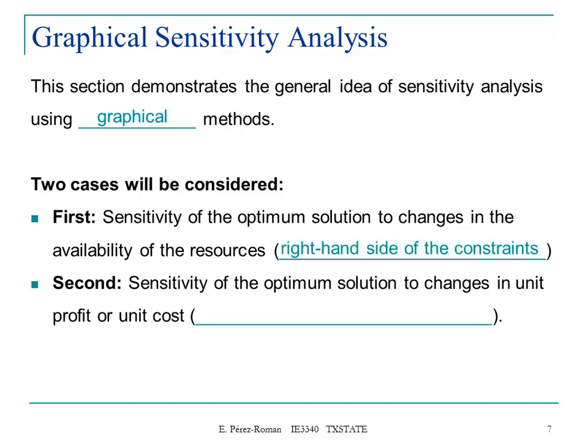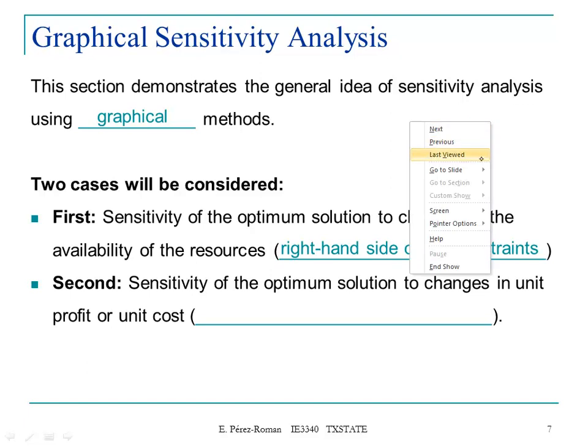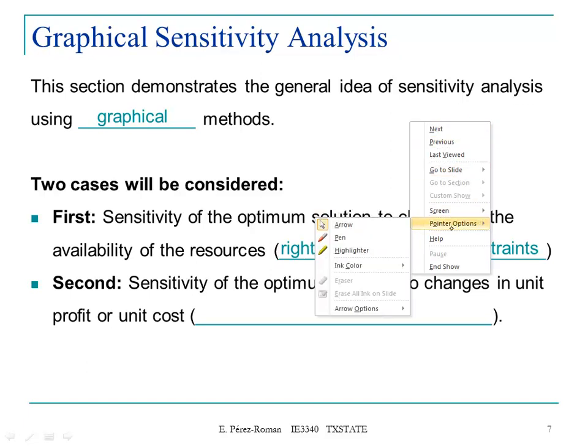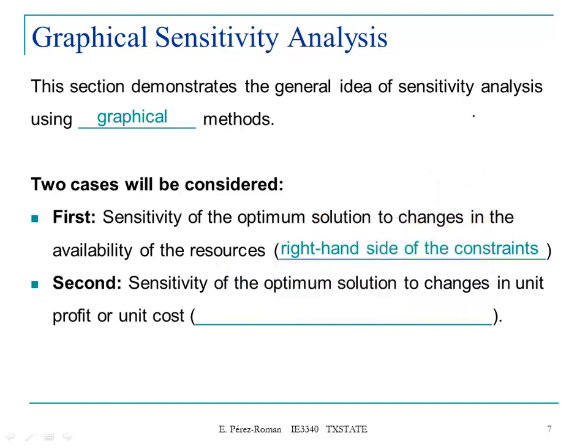So most of the time, the amounts of resources that you have in your problem are listed as part of the right-hand side of your constraint. So usually, let's say you have 100 hours of labor.